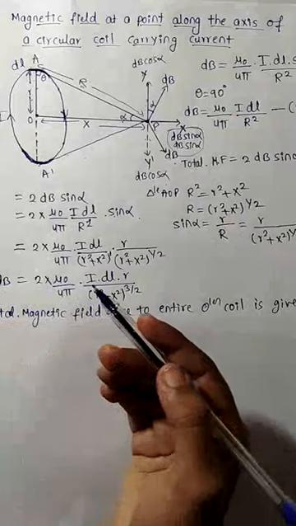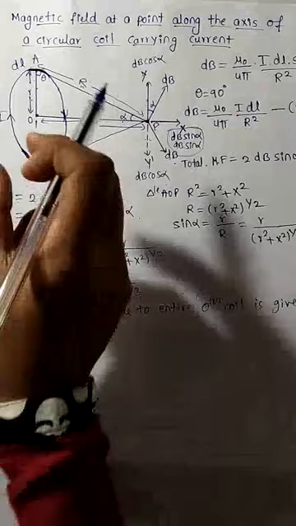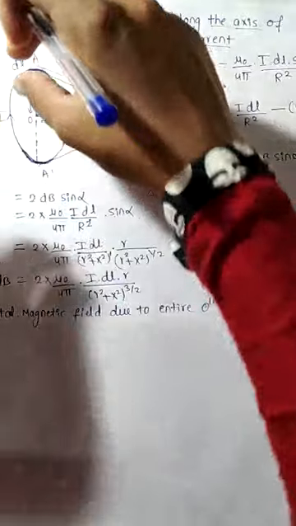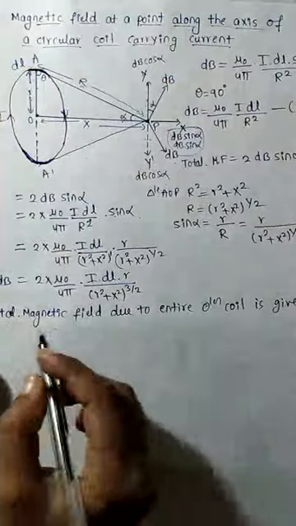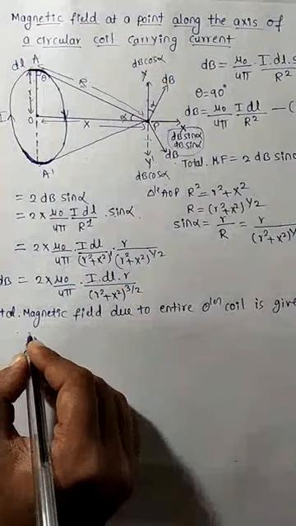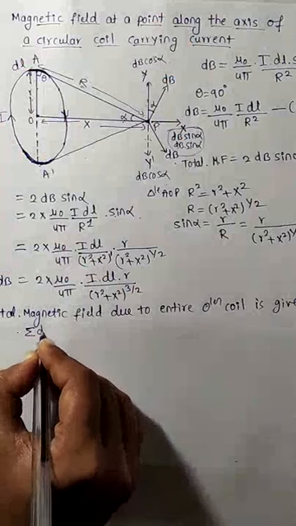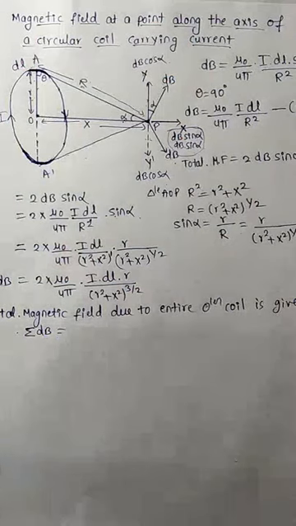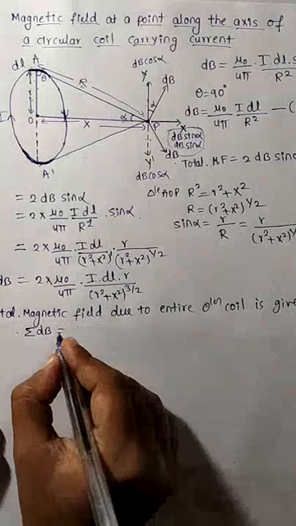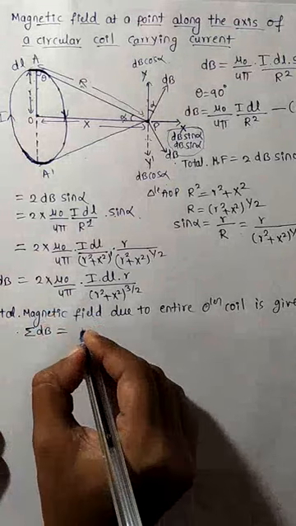Now if you want to find the total magnetic field, we should add all these circular elements. That's why it is given by the summation of dB, isn't it? So if you add all those magnetic fields, you are getting the total magnetic field, which is equal to the summation of this value.